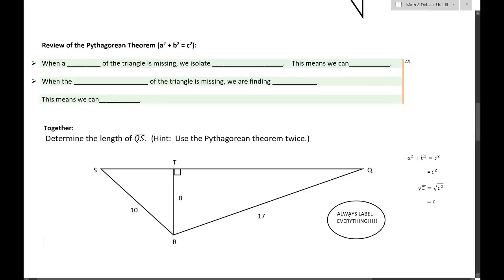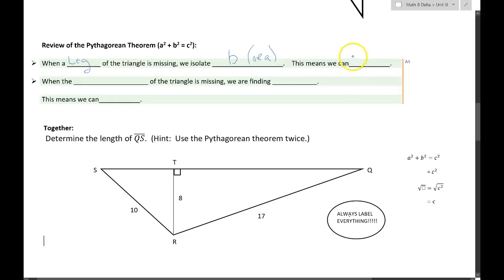So let's go through these notes. When a leg of the triangle is missing, we isolate b, or a, but traditionally just think of it as b.